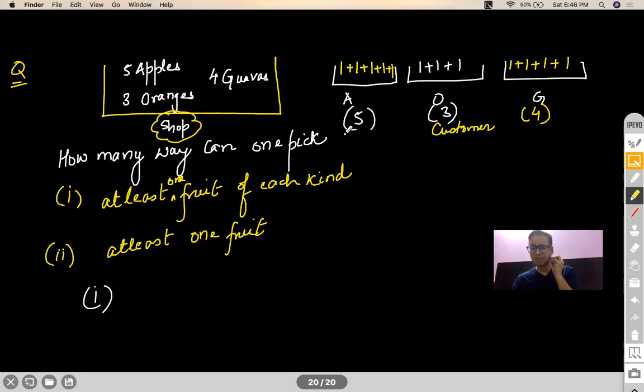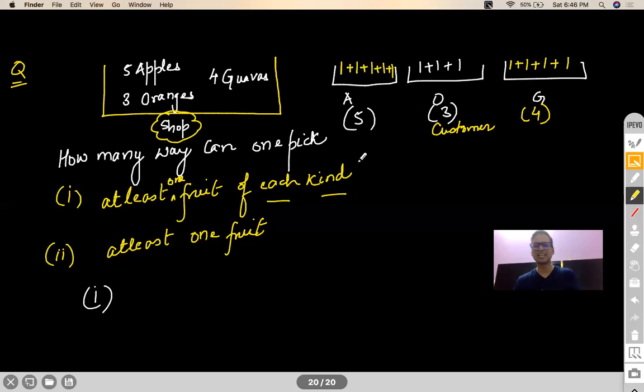Is just picking the apple doing the job that your parents have asked you to do? Your parent asked you to pick at least one fruit of each kind. You just pick up apple, whether 1, 2, 3, 4 or 5. Is your job done? Is your task completed? No, then why are you adding it?